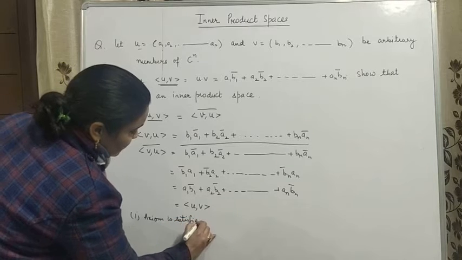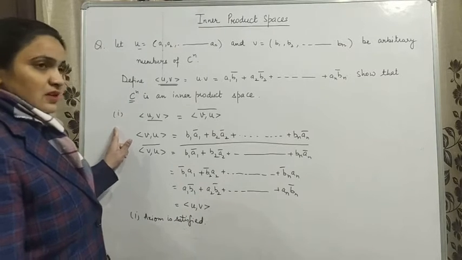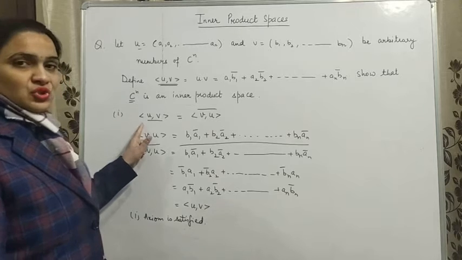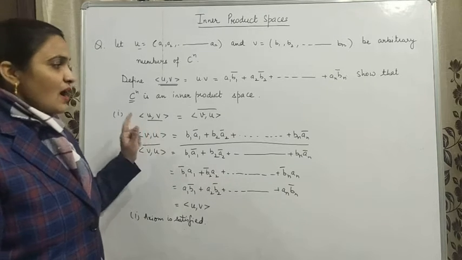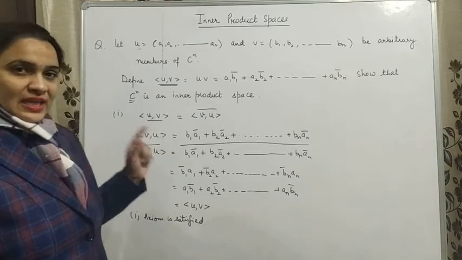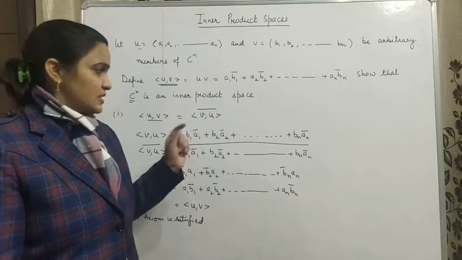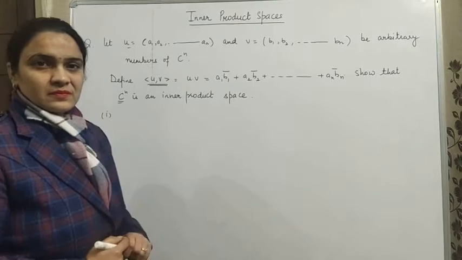Let us now take second axiom. What is second axiom? Inner product of u with u is greater than or equal to 0 and inner product of u with u is 0 if and only if the vector u is 0. So let us now calculate the second axiom.